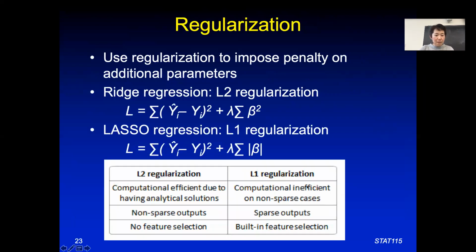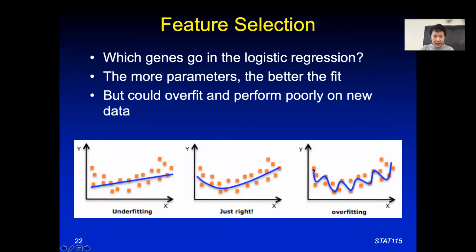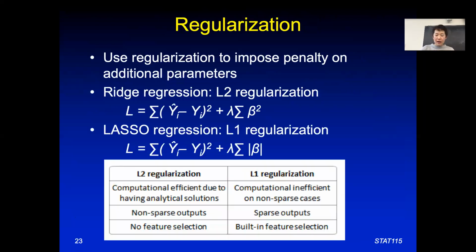On every point, this is the model prediction, this is the actual observation, and the distance between them is your error. This is the sum of error between your model and your observation, right? And then this beta is the parameters you are trying to estimate, the coefficients.